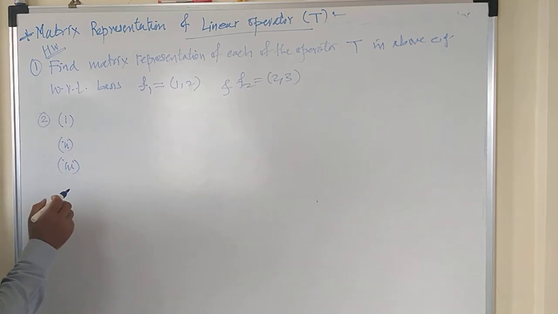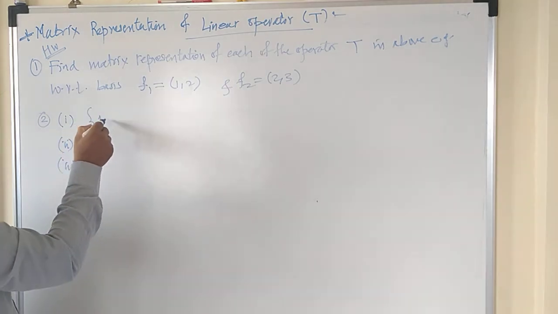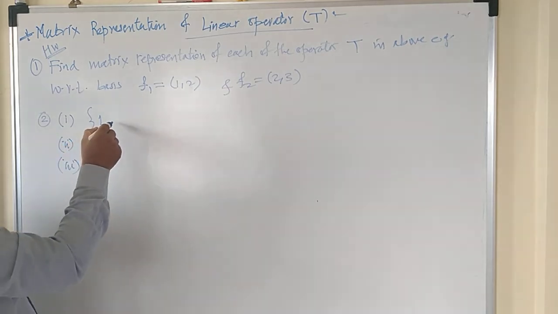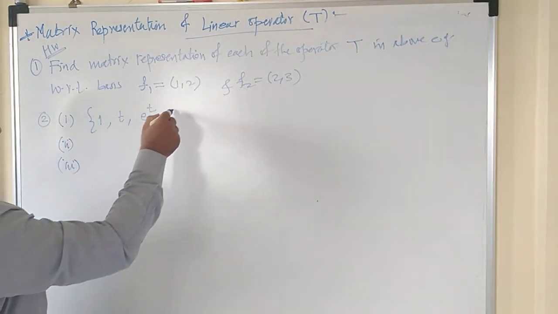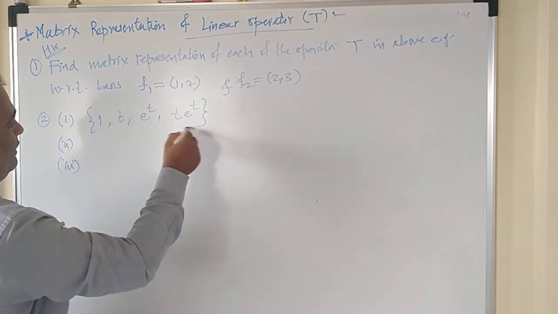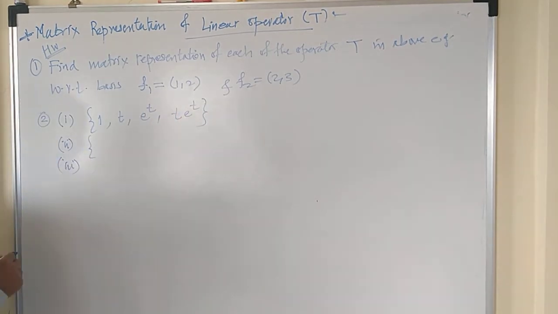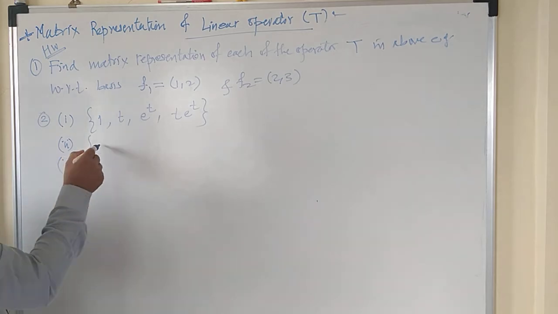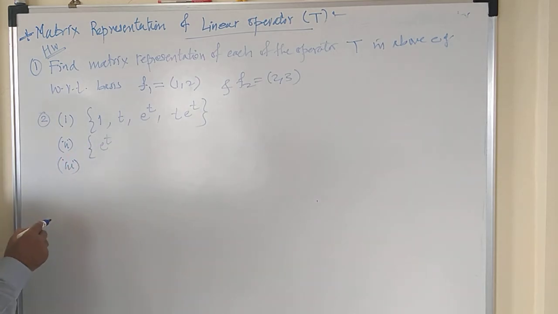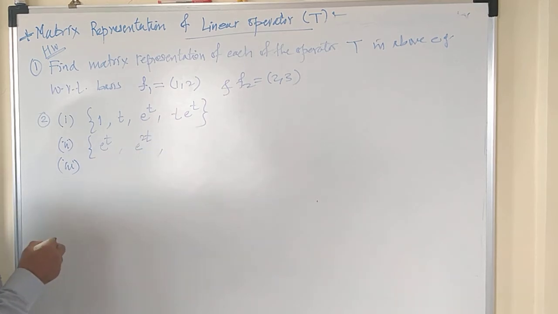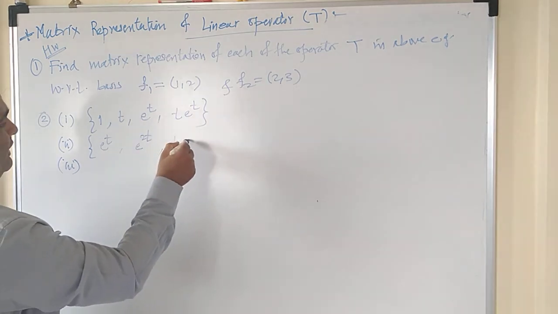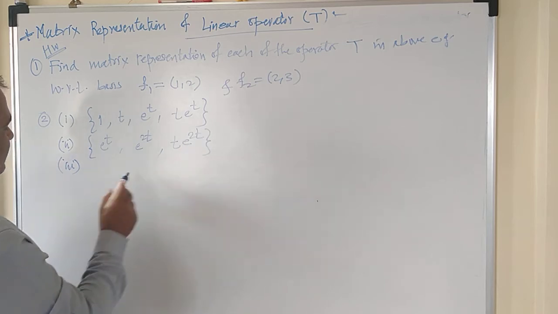The first is t e to the power t and e to the power t. Second is e to the power t, e to the power 2t, and the third is t e to the power 2t.